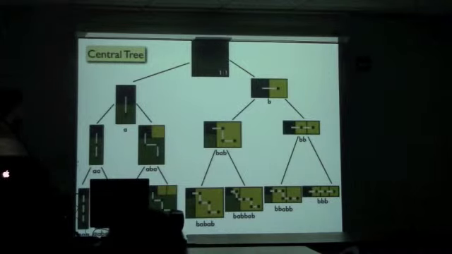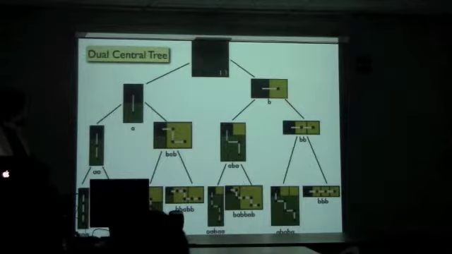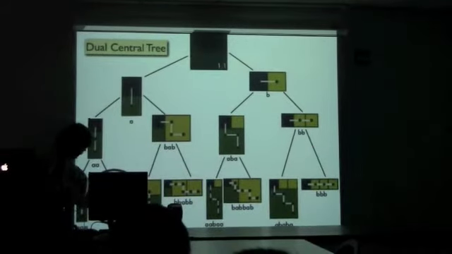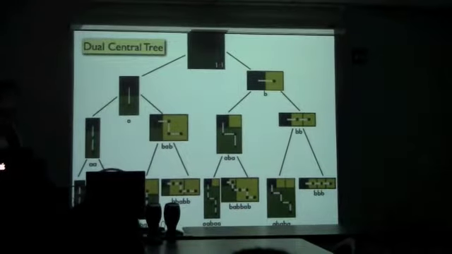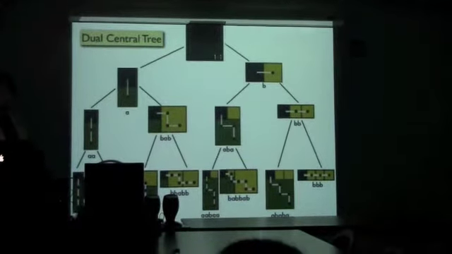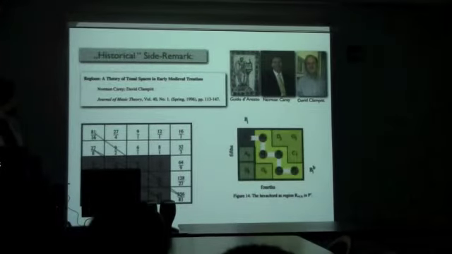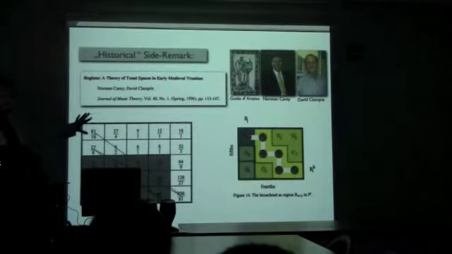I skipped the details, but the result is those diagonals are precisely the central words, and you have them on both sides of the tree. And now let's look again at this pattern, which is different from the one I showed you before, the AABAA. But this is precisely the zigzag in the publication by Norman Carey and David Clampitt.